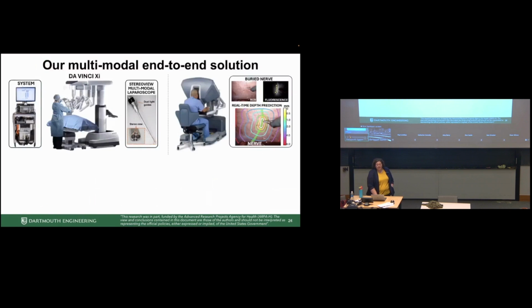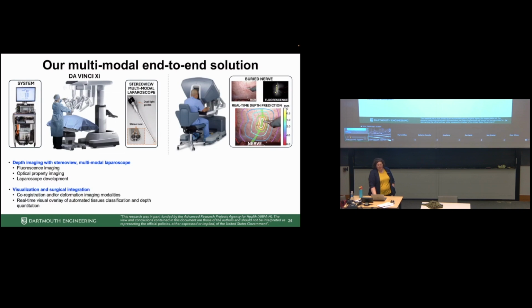Our multimodal end-to-end solution is not actually looking at cancer here. Our goal is to do this during cancer surgery, but it is to look at nerves and blood vessels and try to actually avoid them. So we want to actually save normal critical tissues here. And the way we're doing that is with fluorescence imaging and optical property imaging as well.